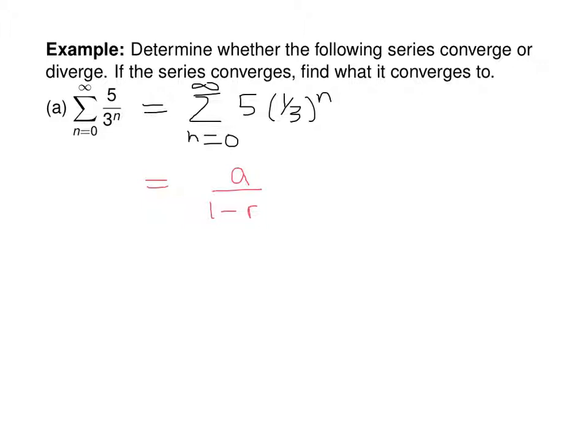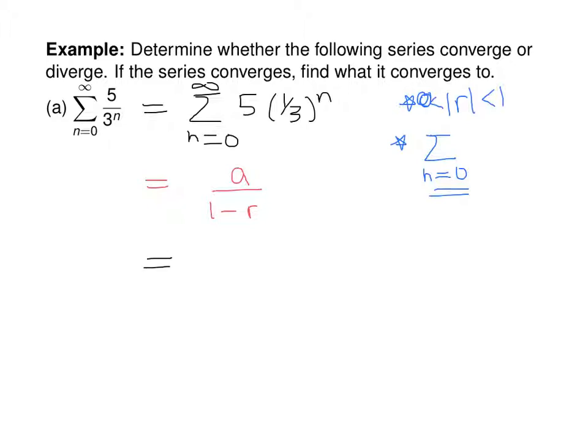And two things to note about that. First of all, it only applies if the absolute value of r is in between 0 and 1. In this case, it does. And the other thing is your sum has to start at 0. So we'll discuss later how to deal with things if your sum starts at something like 1, but just be aware that your sums must begin at 0, so we'll have to change them if they don't.